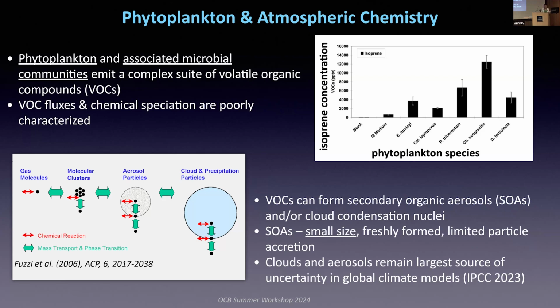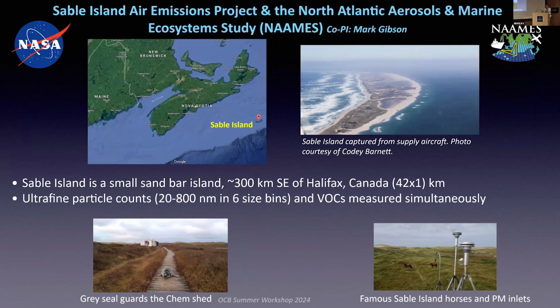Why are we interested? Well, clouds and aerosols still remain the largest source of uncertainty in global climate models. What I'm going to show you here briefly are some highlights of results that we carried out as part of the NASA NAAMES study. We had an atmospheric chemistry supersite situated on Sable Island, which is a tiny little sandbar spit of land off of the coast of Nova Scotia in Canada.